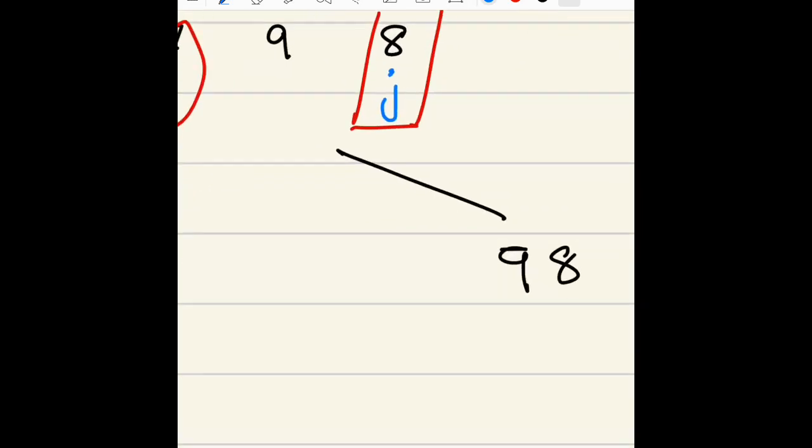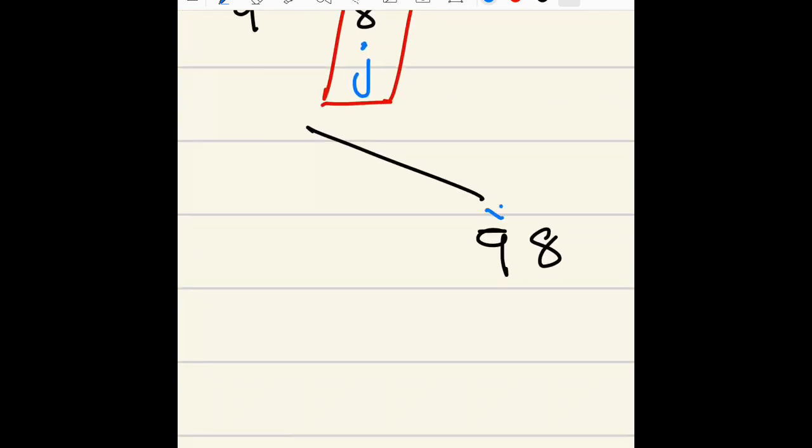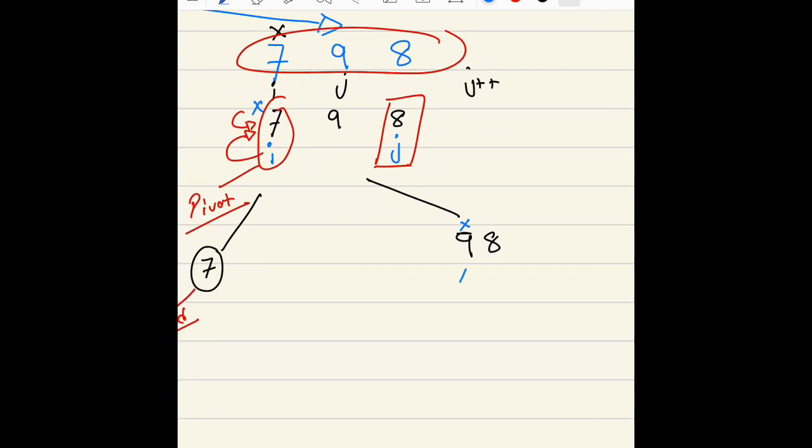So let's start working on the right side of the array. So this is your x, this is your i, and this is your j. So is x less than j? No. So we increase i by 1. So i and j would be pointing to the same value, and x is still at 9.